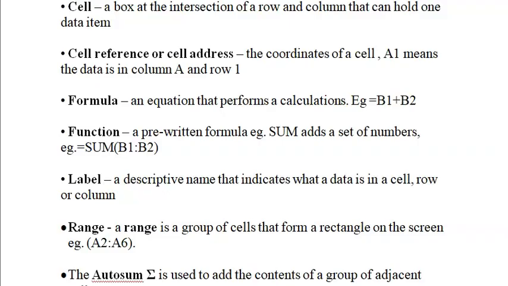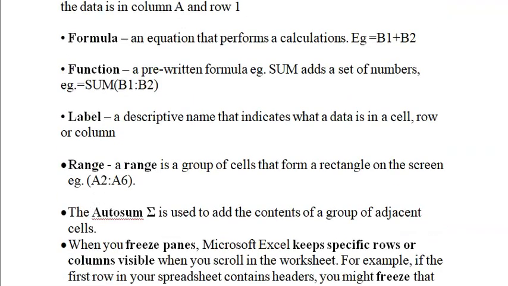Formula is an equation. Then we have label, which is a descriptive name that indicates what the data is in a cell, row, or column. Then we have a range. A range is a group of cells that form a rectangle on the screen.